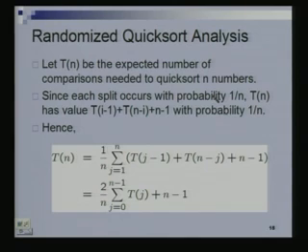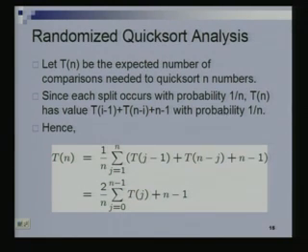Now let's recall what quicksort does. Quicksort first partitions. If it has to partition n numbers, no matter what the pivot is, it is always going to require the same number of comparisons, no more than n minus 1 comparisons.